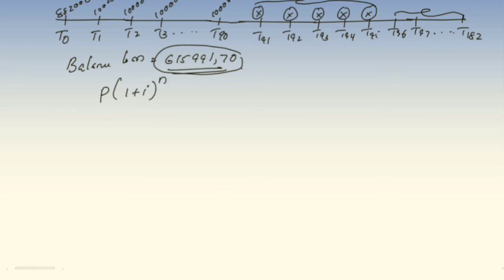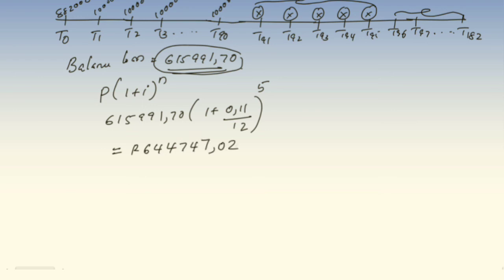Here P is 615,991,70. 1 plus I is 1 plus 0,11 divided by 12, to the power n, the number of months that he didn't pay, that is 5. So his new loan amount is going to be rand 644,747,02. Now, after calculating this, he is here at 95.